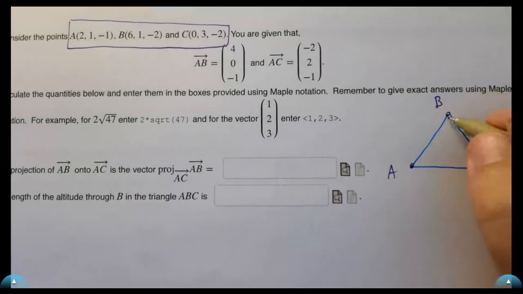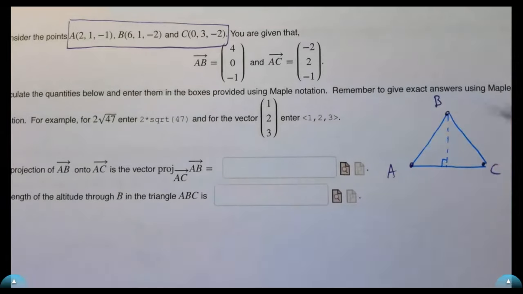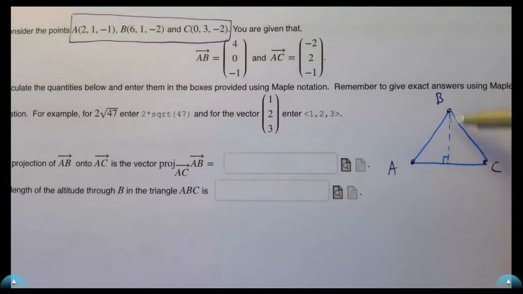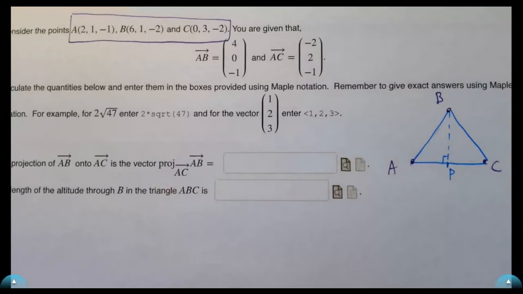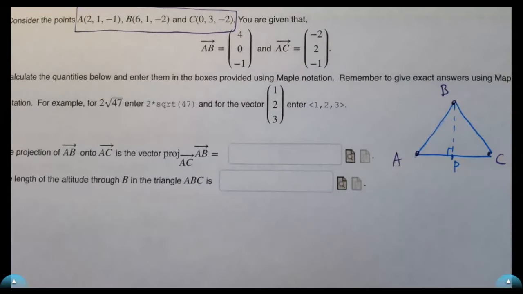Okay, so what the second question is asking you to do is to compute this length here. So let's say we have a point P there. We don't know what it is. And in fact, this picture is related to the first question too, because the vector from A to P will be the projection of AB on AC, and that's what they're asking for. So what do we need?